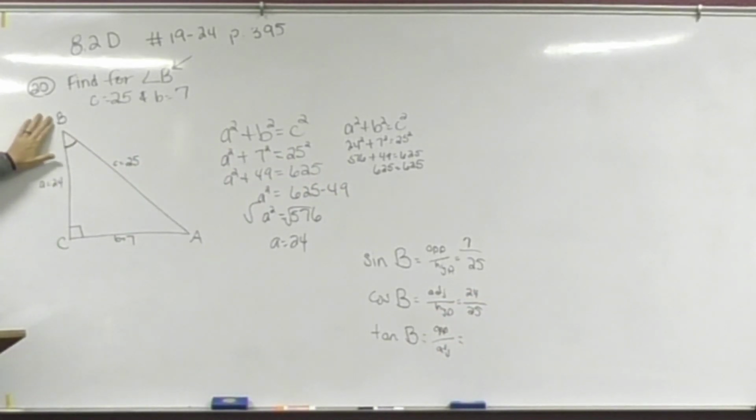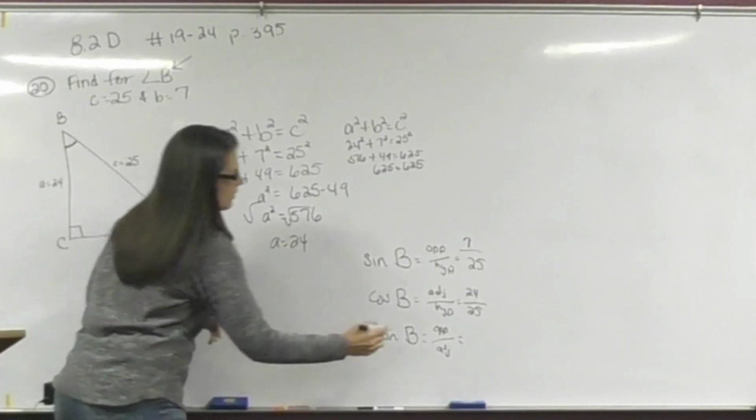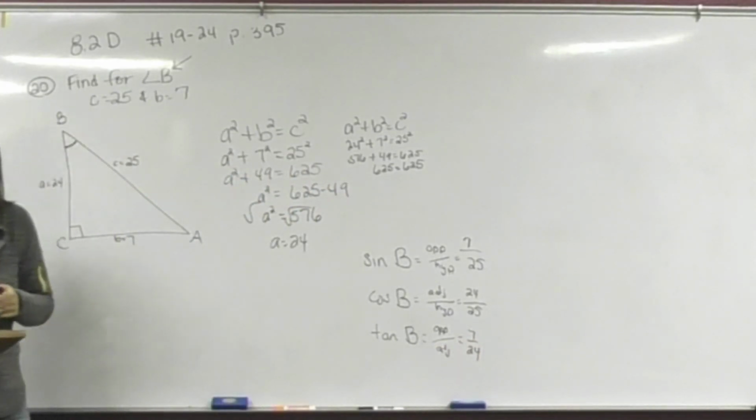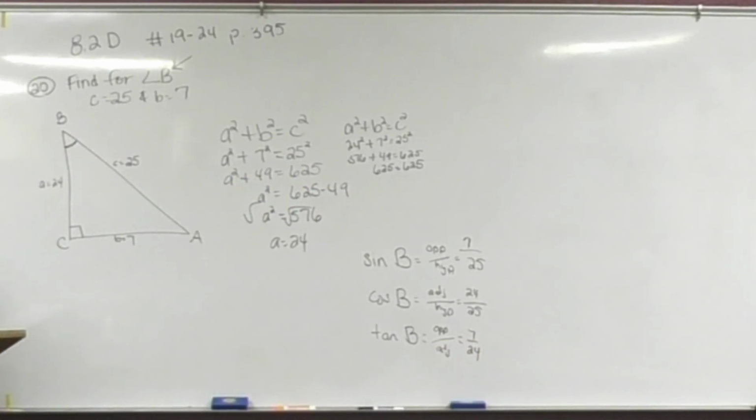And then the tangent of B is opposite over adjacent, so that'd be 7 over 24. So those are all of your answers. I will leave the rest for you to do.